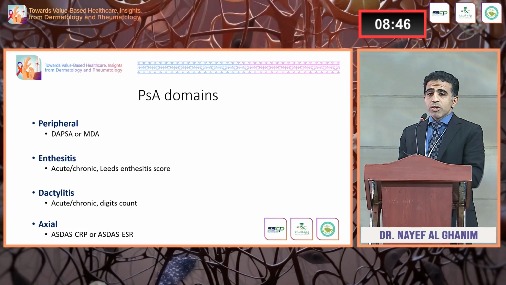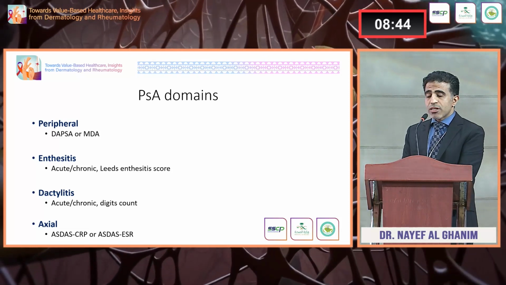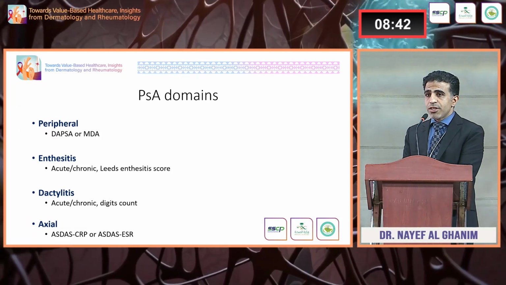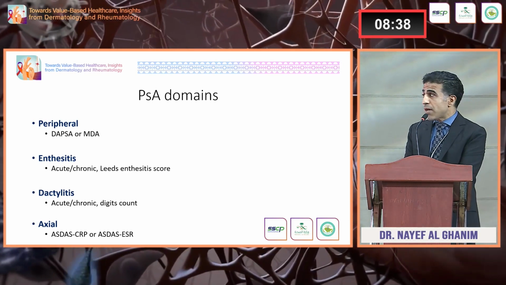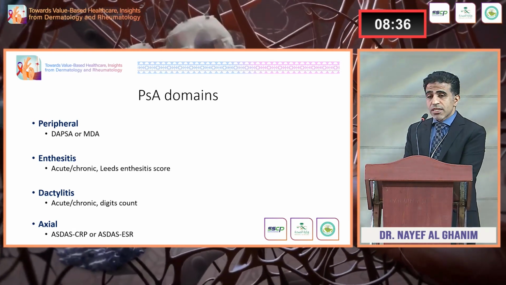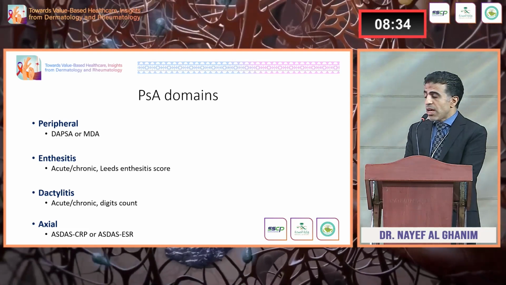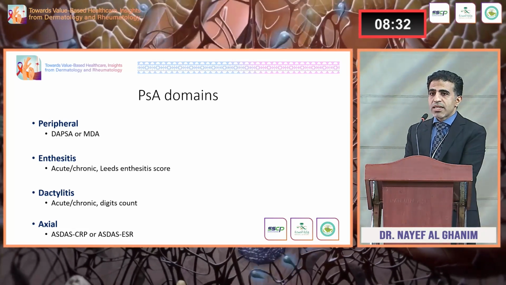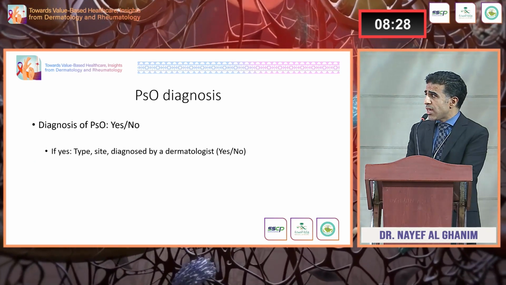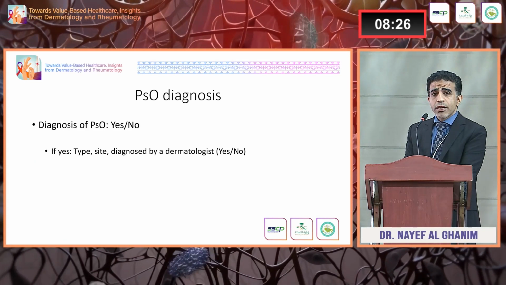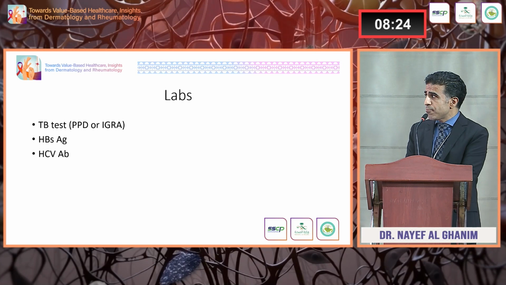Based on the domain that you choose, you will be asked to enter the disease activity of each domain. For example, if it's peripheral, you'll be asked to enter DAPSA or MDA. If it's axial, you'll be asked for the ASDAS-CRP or the ASDAS-ESR. You'll also be asked about the psoriasis diagnosis and whether the diagnosis was made by a dermatologist or not.